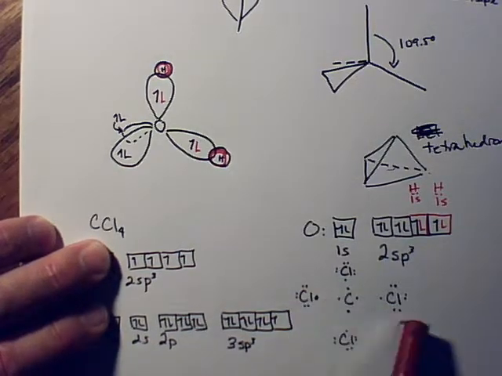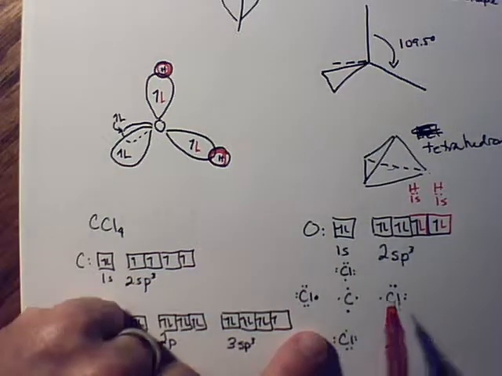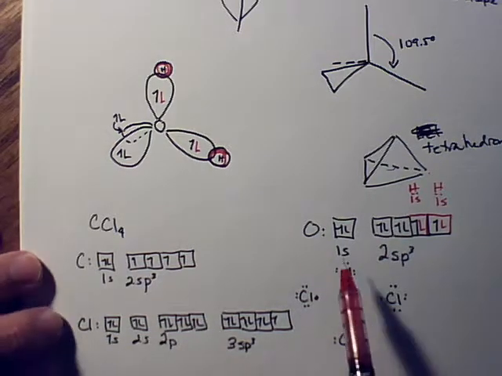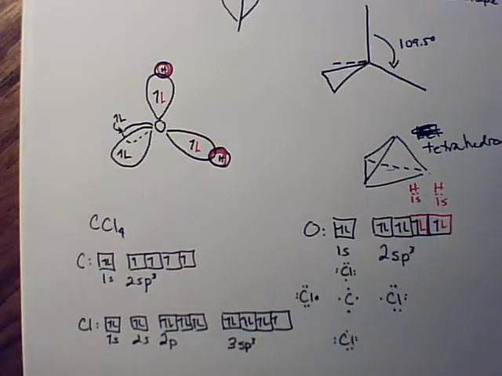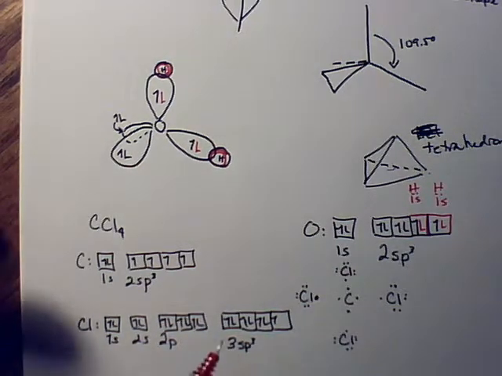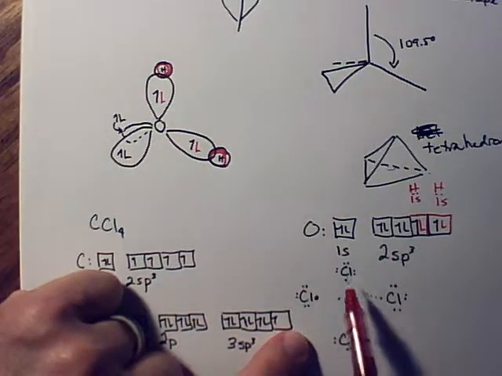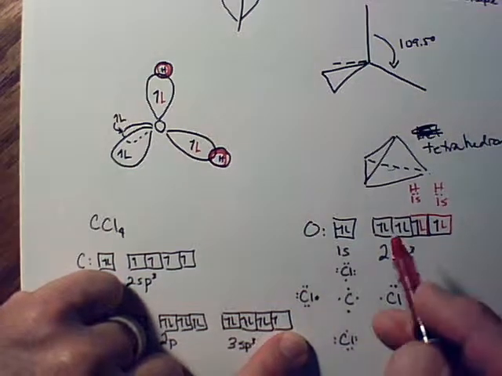Okay, let me show you how we can use electron dots to accomplish the same sort of thing, but you've got to understand electron dots is simplified. We went from orbital notation to electron configurations. That simplified it, right? Then we went to electron dots, which is simplifying even more. You have to know that all this other stuff is going on, even though we're showing this super simplified version of it. You with me?